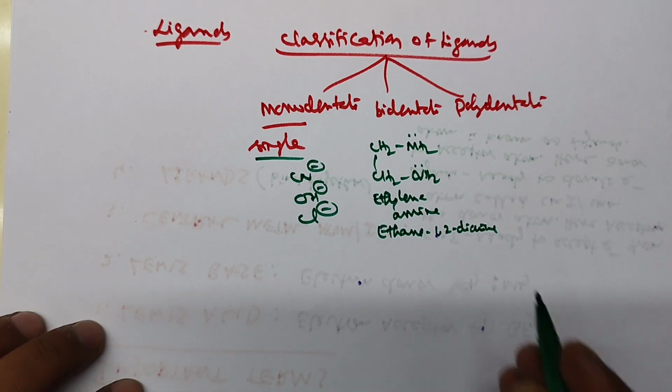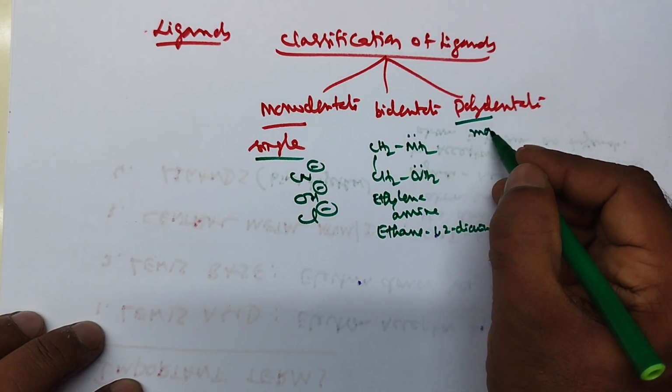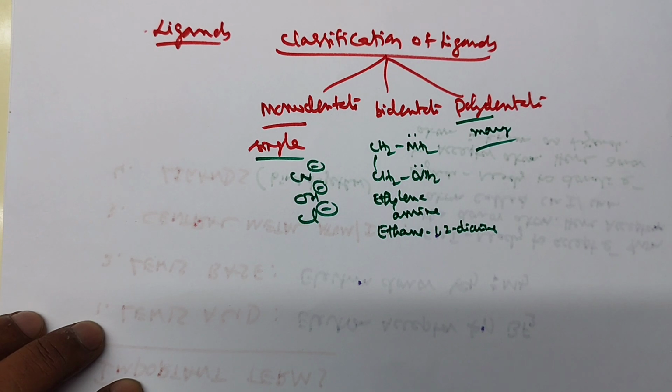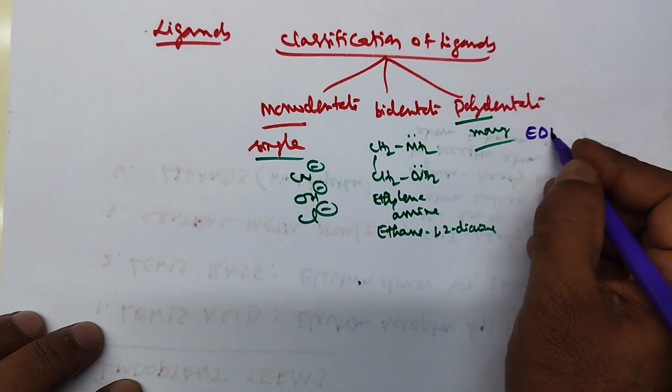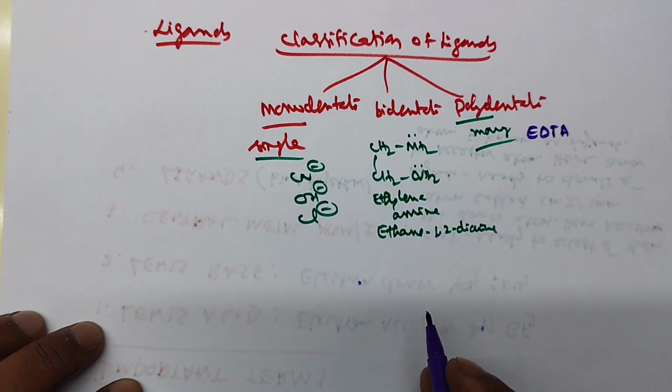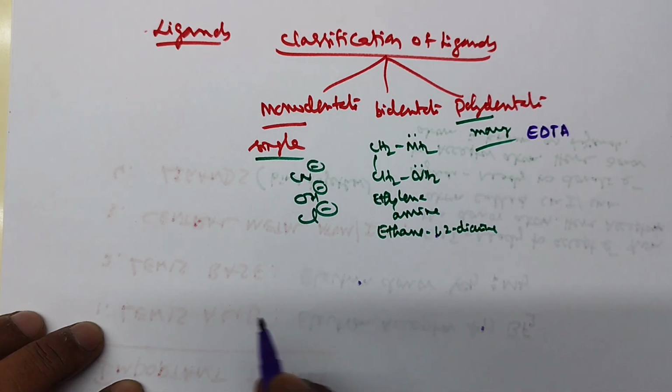Polydentate means what? Poly means many. What is the example for polydentate? Polydentate is nothing but EDTA, that is ethylenediaminetetraacetate.